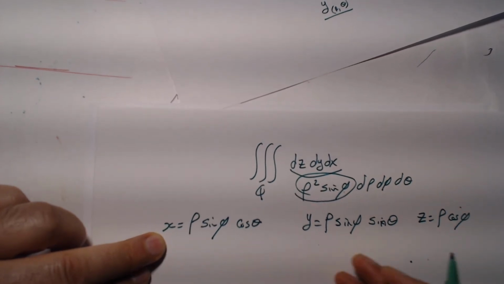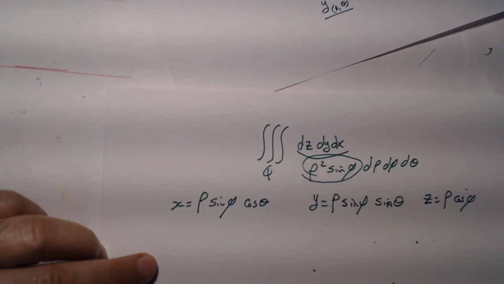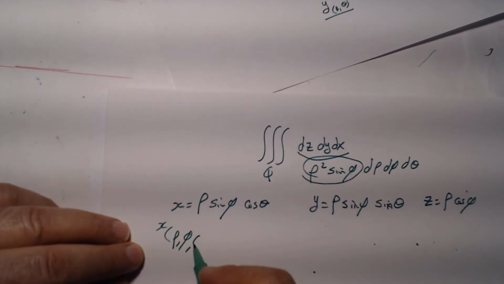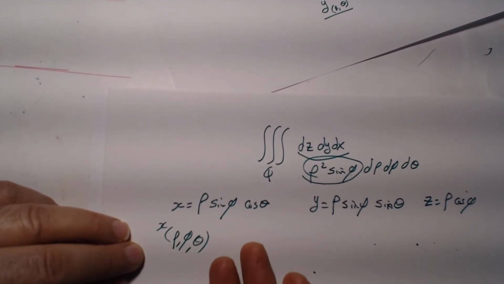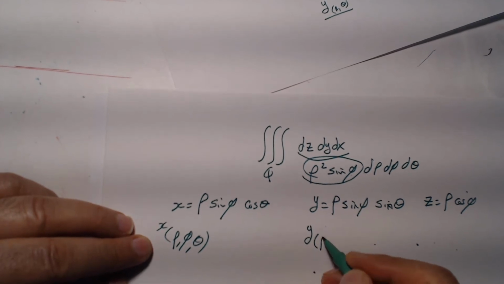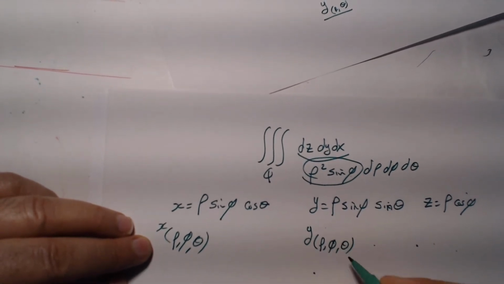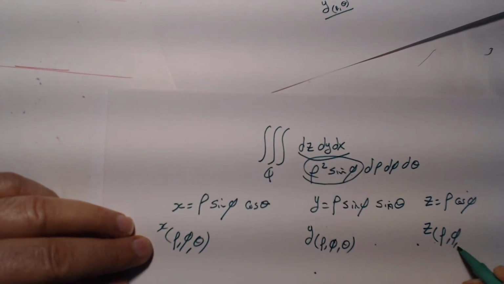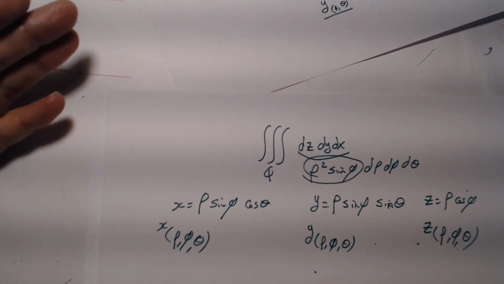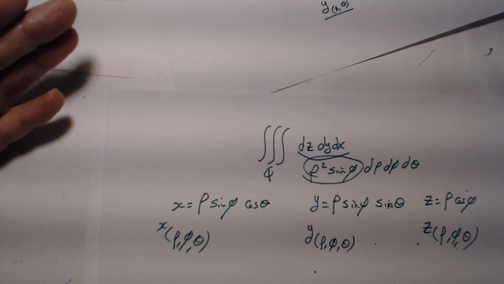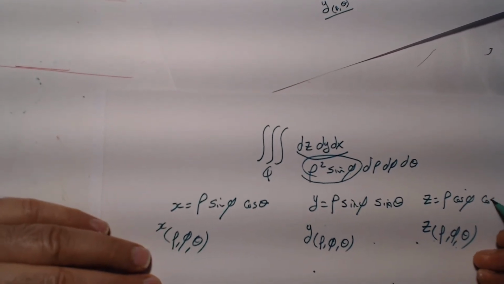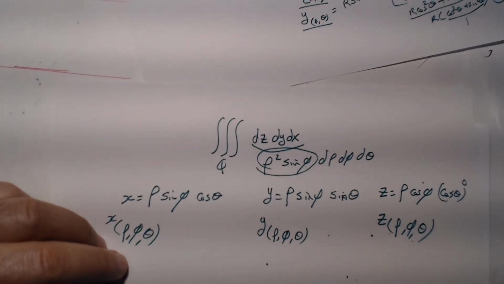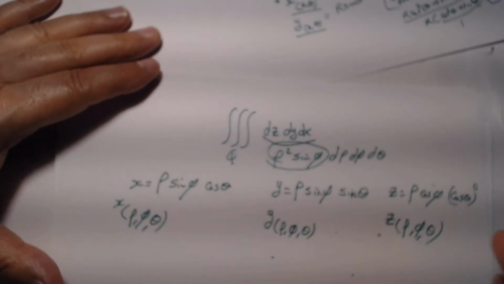I hope you remember those from spherical. X is a function of 3 variables. Y is a function of 3 variables. Z is a function of 3 variables. Somebody said, I don't have a variable. Yes, you can put a cosine of theta to the power of 0. I want to align it with everybody.